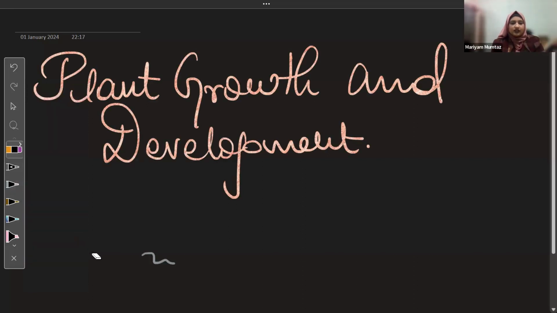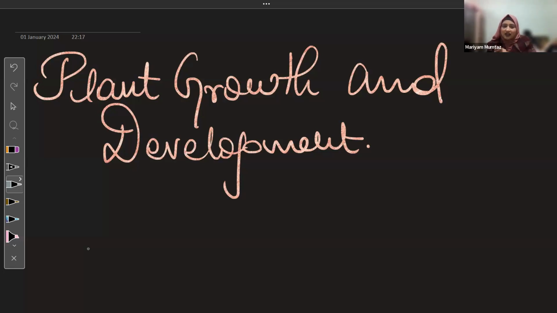Talking about plant growth and development, first of all, tell me what is growth? Growth is growth. Very good. But can you tell me, is growth a reversible change or an irreversible change? Irreversible. Very good.